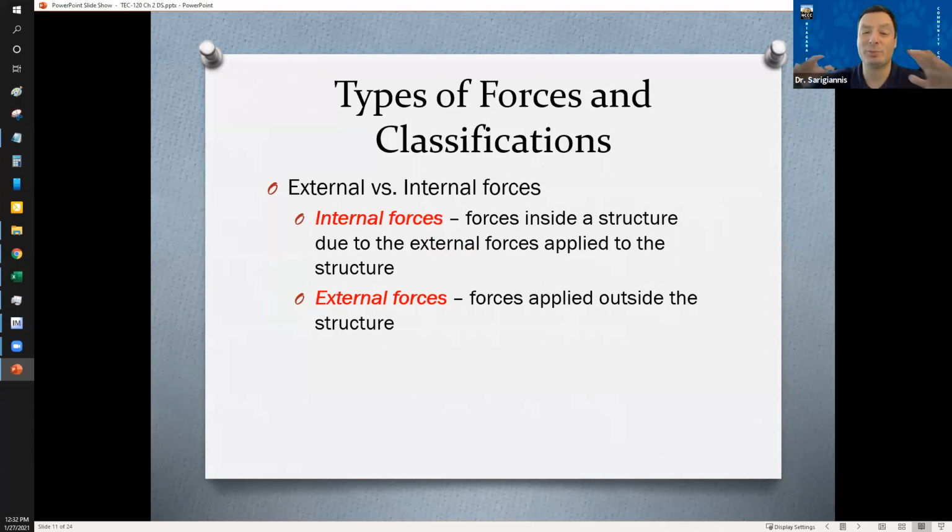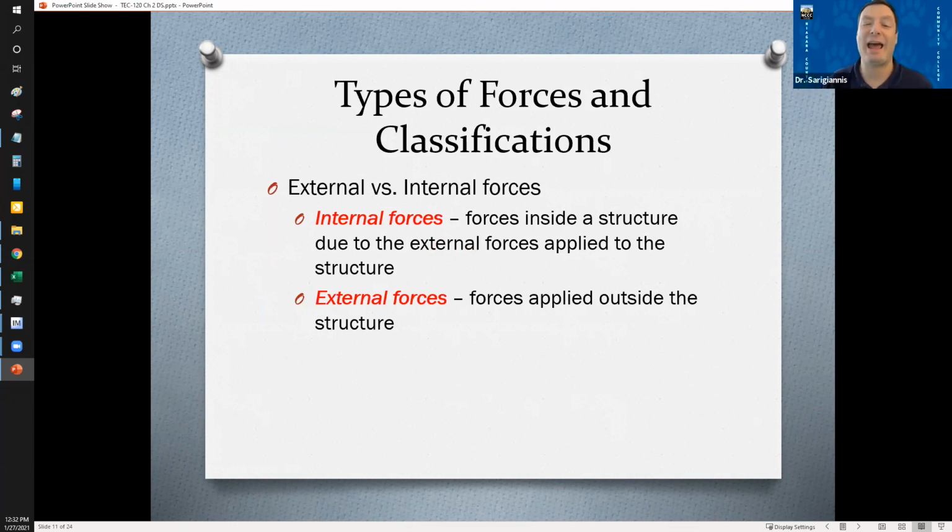So there's multiple levels of internal you can think about. Think about your car sitting on the curb. The force of gravity is acting on the car, and its points of contact with the external world are the tires, right?